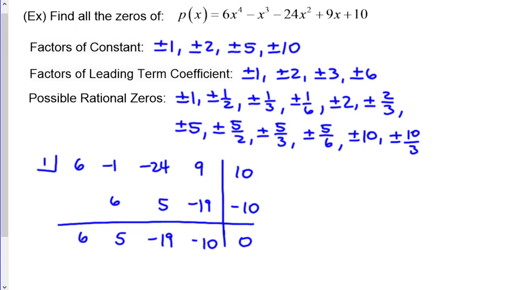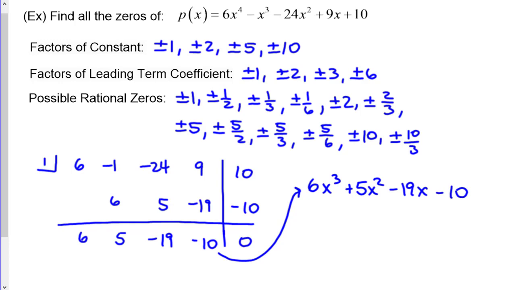So that's great. That's 1 down. I only need a total of 4. So out of this entire list of possible rational zeros, only 4 could possibly be. Now, one thing that I want you to notice here is this represents a polynomial of 6x cubed plus 5x squared minus 19x minus 10.